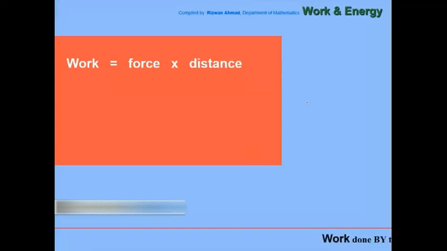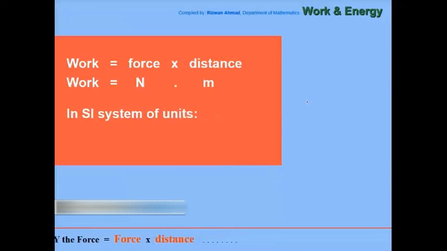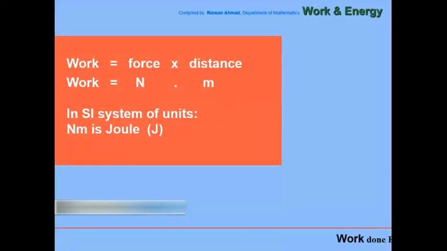Now we will talk about the units. Since work is equal to force times distance, and force is in Newton and distance is in meters, in the SI system of units it will be Newton meter, which is called the joule, with capital letter J. As you know, if the unit is named after a mathematician or scientist, it is written with a capital letter, like Newton, watt, joule.